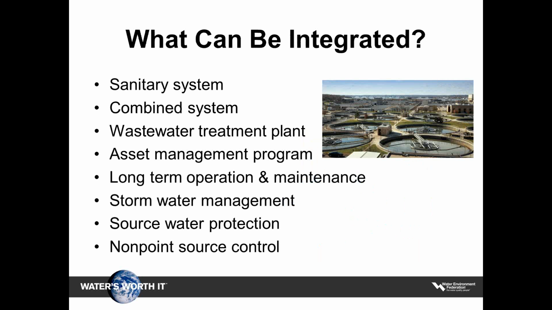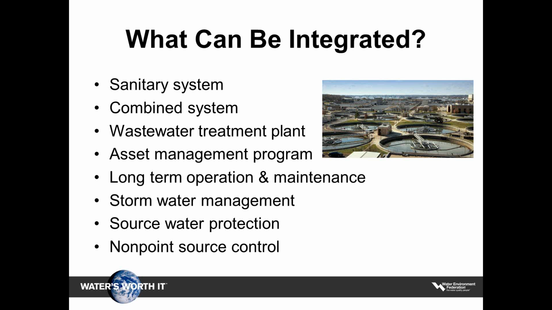So the next thing I want to talk about is what exactly can be integrated. The answer is really anything. So if you have issues with any of your systems, your sanitary system, the combined system, your stormwater system, wastewater management, your treatment, if you have treatment plant upgrades that need to be accomplished, if you're developing an asset management program, long-term O&M programs, stormwater management, source water protection, non-point source control.